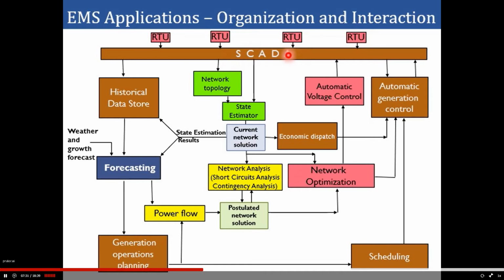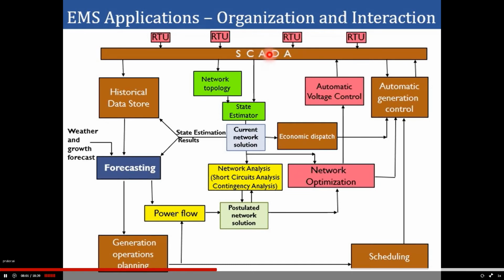At the SCADA application, the data is filtered, and if there is missing data, it is replaced with either forecasted or previous data, or it is calculated with the help of power balance equations. So SCADA data is basically a refined data set after the data which we receive from RTU.